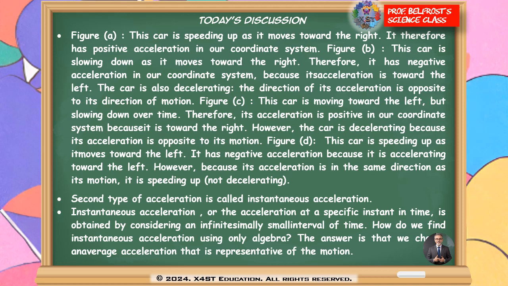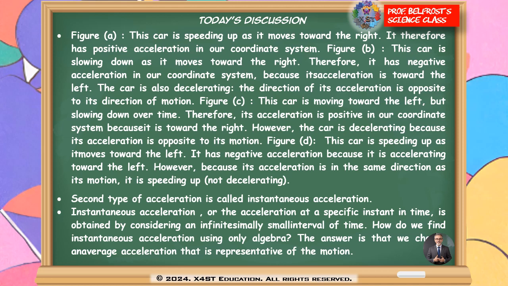For figure C, this car is moving toward the left but slowing down over time. Therefore, its acceleration is positive in our coordinate system because it is toward the right, but the car is decelerating because its acceleration is opposite to its motion. For figure D, this car is speeding up as it moves toward the left, and it has negative acceleration because it is accelerating toward the left.